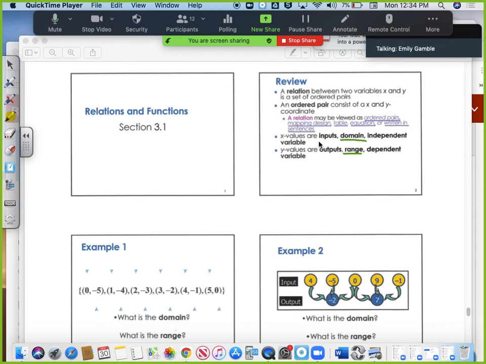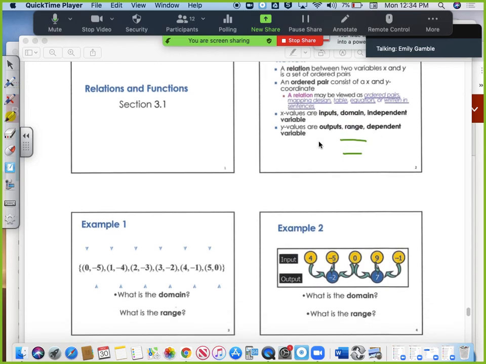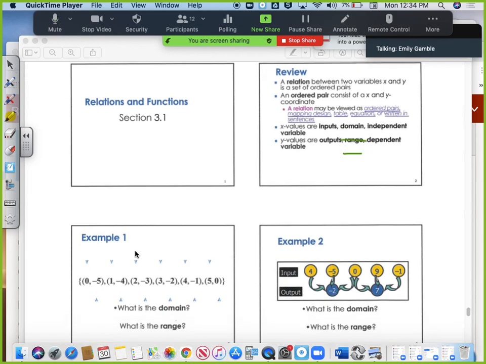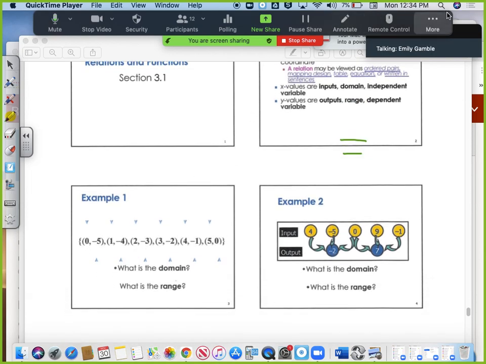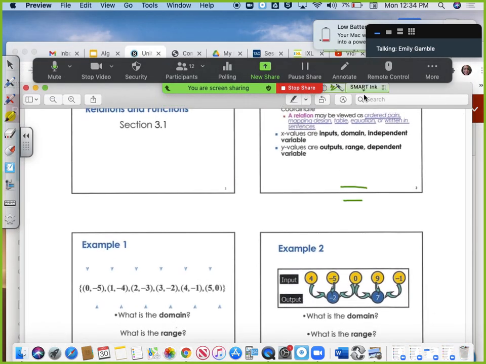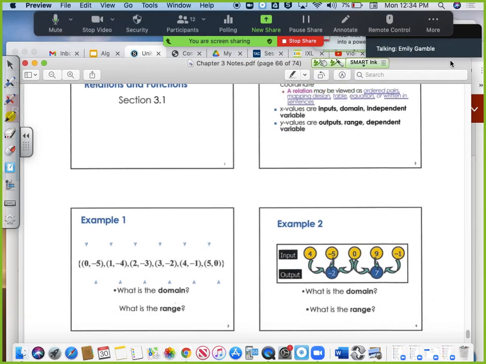Looking at example 1, it is asking us for what the domain is and what the range is. Example 1 has a set of ordered pairs. To determine the domain and the range, you have to determine all of the numbers being represented in the input, which is x, and the output, which is y. So the domain is all of the x values. Looking at these ordered pairs, the x values are 0, 1, 2, 3, 4, and 5.